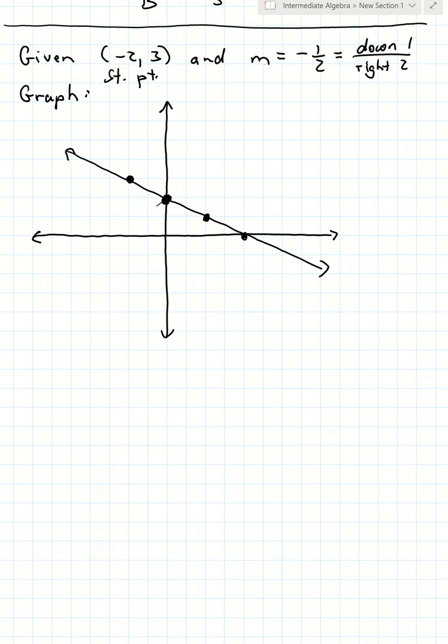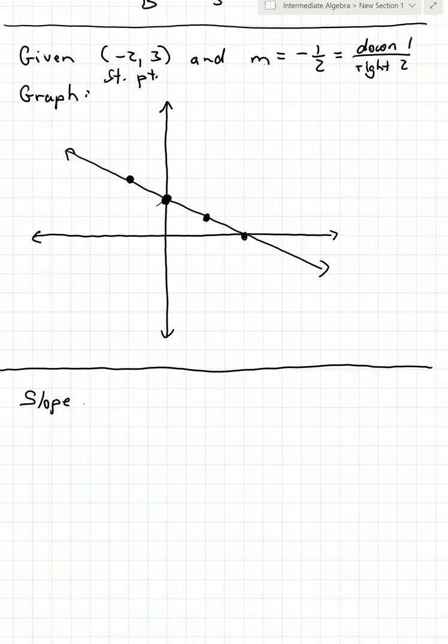Now, standard form is not the only form of a diagonal line. It's a good form, but it's probably not the one that most people are familiar with. Most people are familiar with what we call slope-intercept form. Slope-intercept form is going to look a little bit different than standard form.